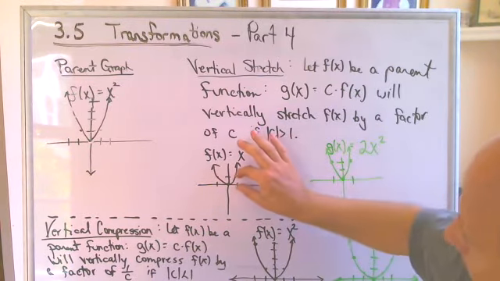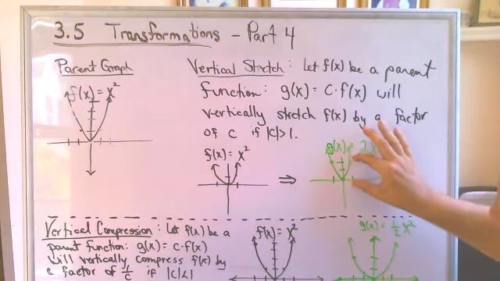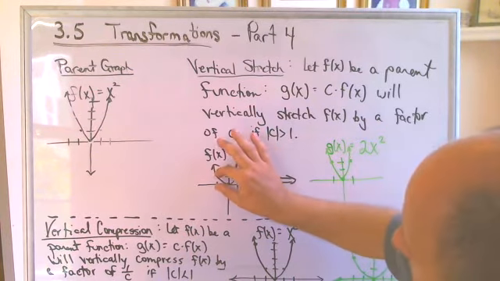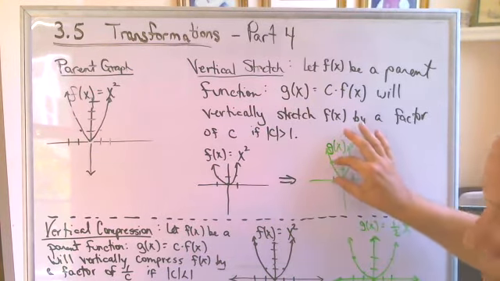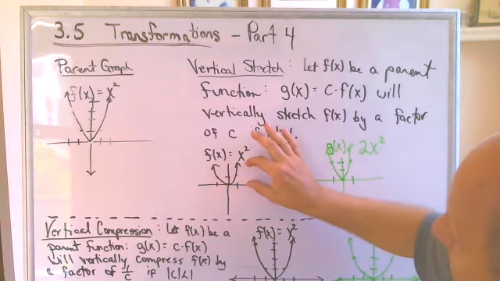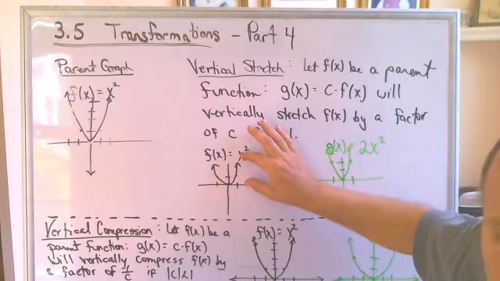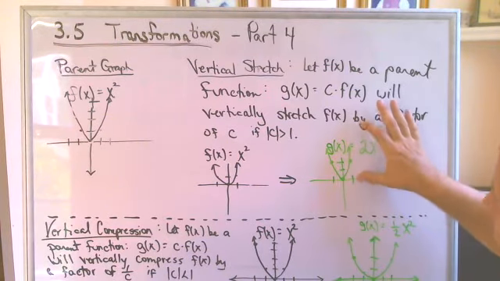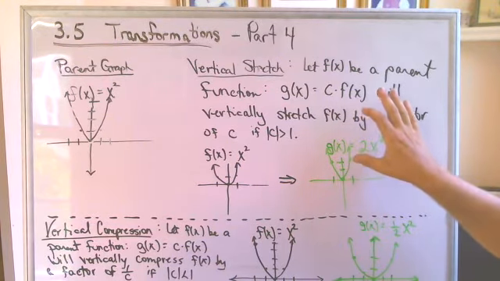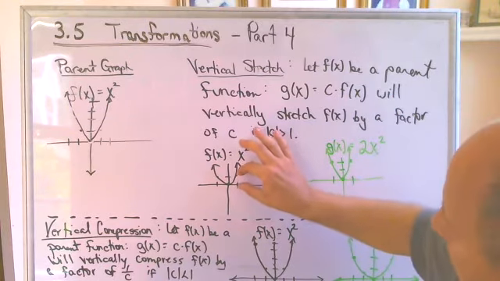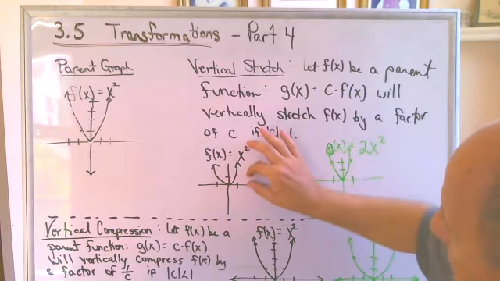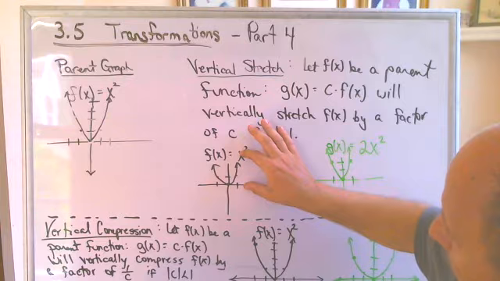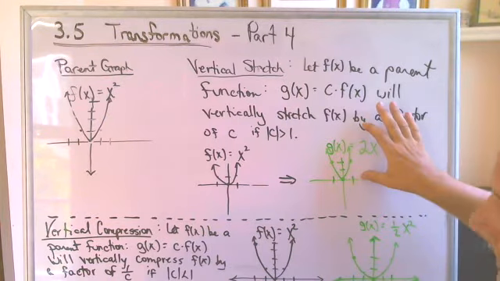Notice how my fingers went: 1, 2. If you go over to the next one, it'll be 2, 4, because 2 squared is 4. If you do this one, it'll be 2, 8. It'll be way up there. So this one goes 1, 2, then 2, 4, and then 4, 8.